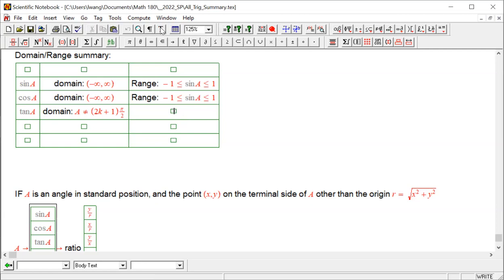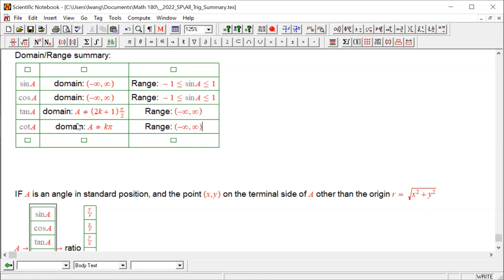Range: all real numbers. Cotangent: we have the domain, the angle cannot be multiples of pi, and the range is the same.